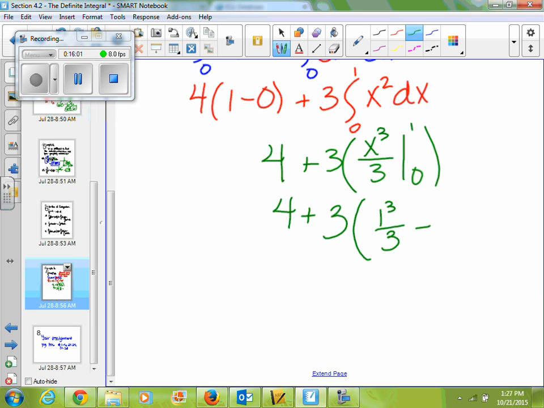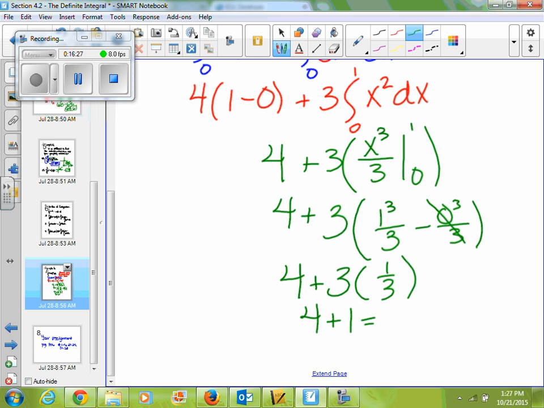And if I plug in 0, I get 0 cubed divided by 3. Well, what's 1 cubed divided by 3? 1 over 3. And 0 cubed divided by 3 is 0, so I can just ignore it. So I get 4 plus 3 times 1/3. What's 3 times 1/3? 1, and 4 plus 1 is 5.